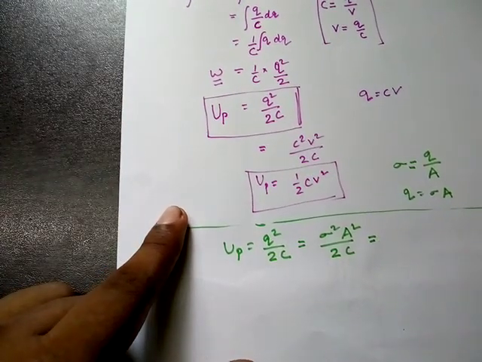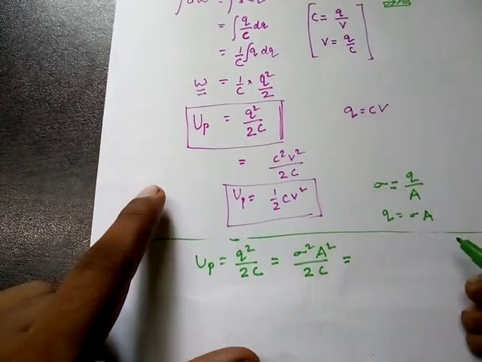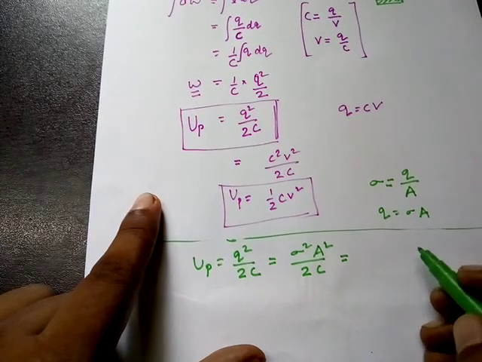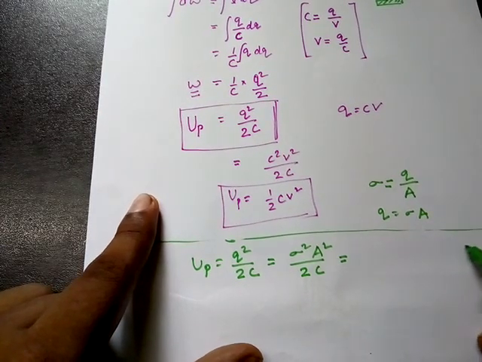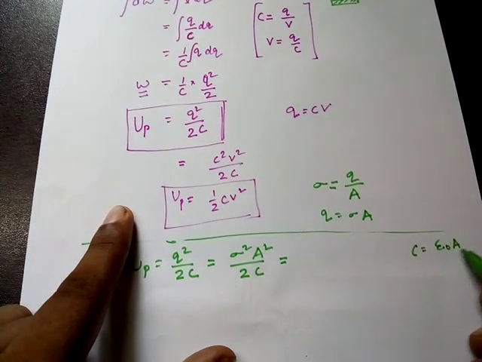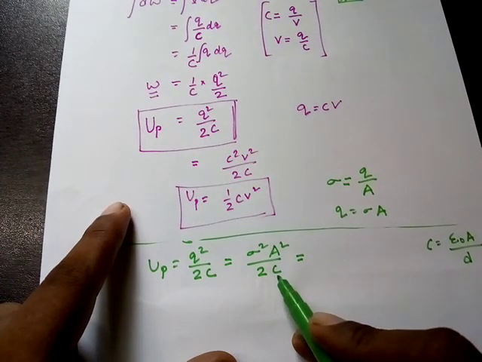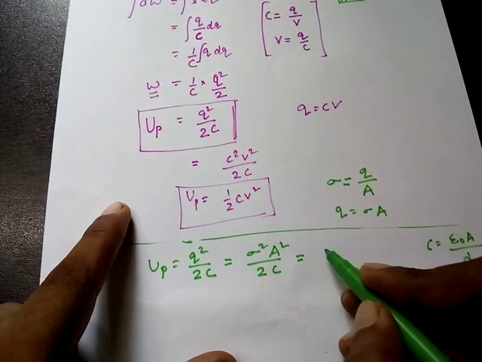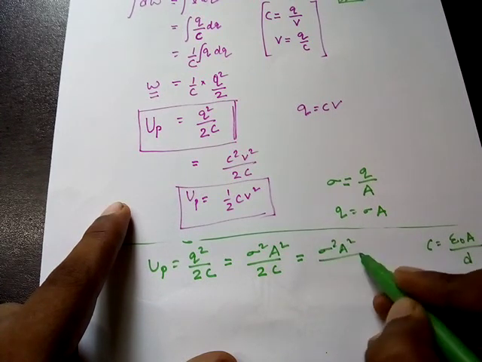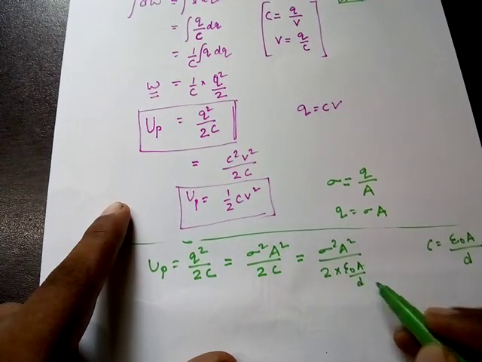Now if it is a parallel plate capacitor, only in that case, C will be equal to epsilon naught A divided by d, where d is the separation between the plates. So if I put the value of C in this expression, I get sigma square A square divided by 2 into epsilon naught A divided by d.